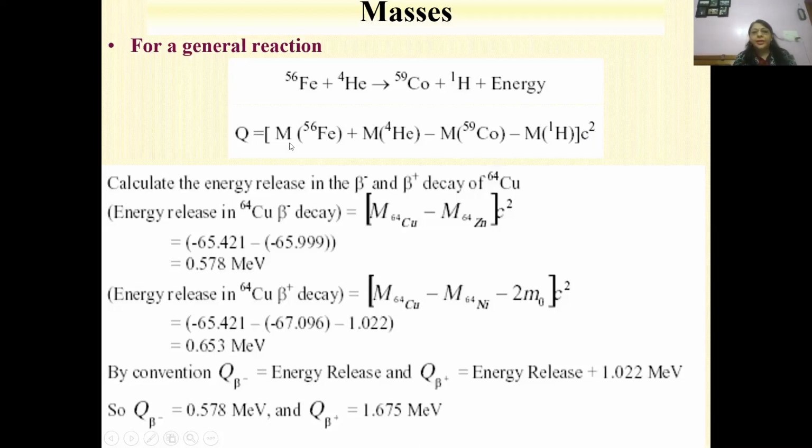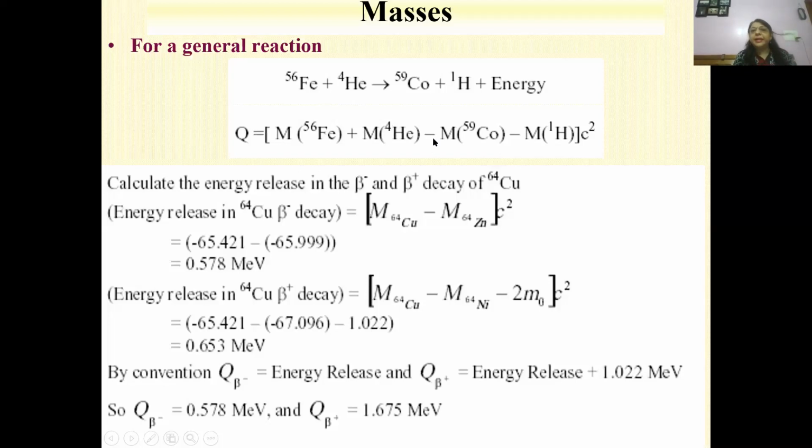Let us look at the quantity inside the brackets. What are we doing? We are going to have first the initial constituents, that is the mass of iron plus the mass of 4 He, that is the alpha particle, and this total mass is greater than the mass of 59 cobalt plus the mass of the proton. These two, if they are placed in a bracket, then there will be a minus sign outside.